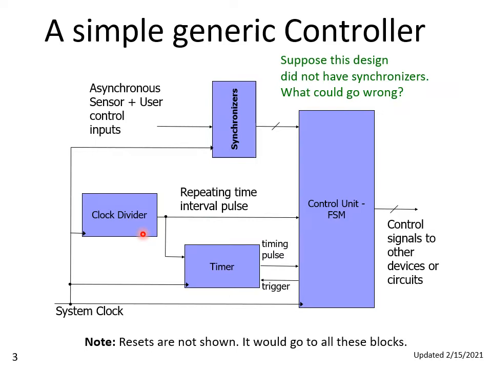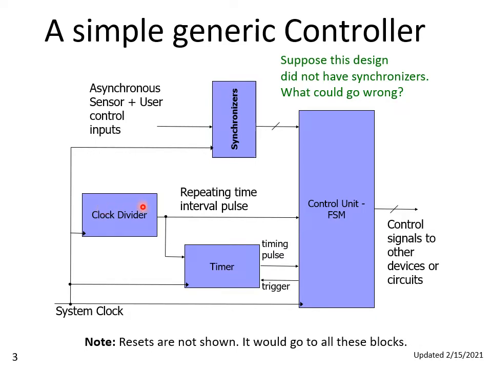You might need to hold a given state for a certain amount of time, and you can use clock dividers or you could use timers to control this. Now, clock dividers we've already talked about. A counter that hits a rollover value and just keeps repeating that pattern, generating a pulse each time.